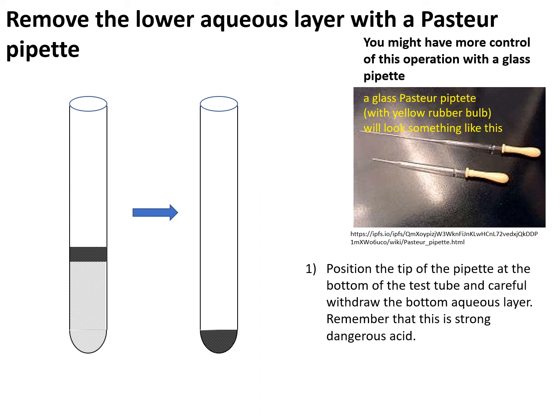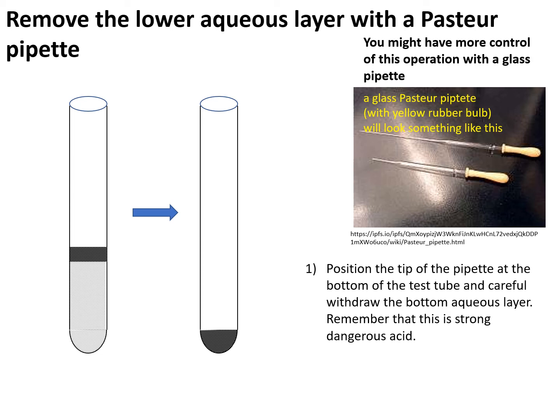It will allow you to carefully remove this bottom layer, the aqueous solution, and the bulb is so soft that it makes it easy to control the flow of the liquid while you are drawing the liquid towards it.